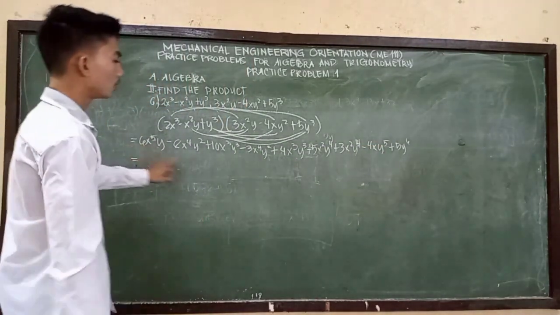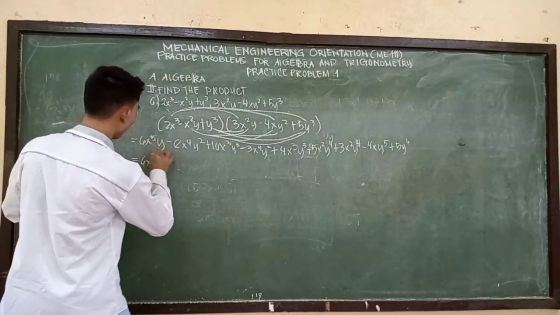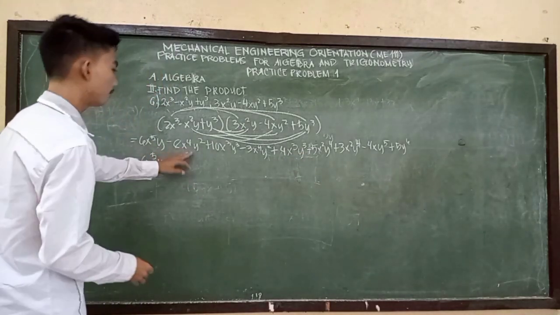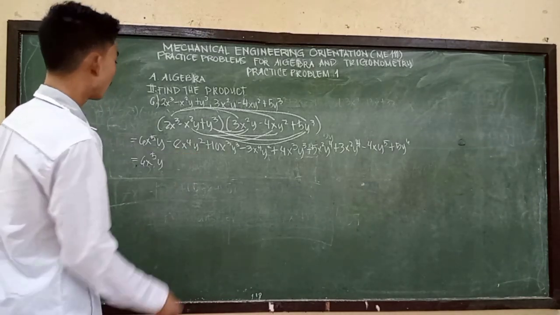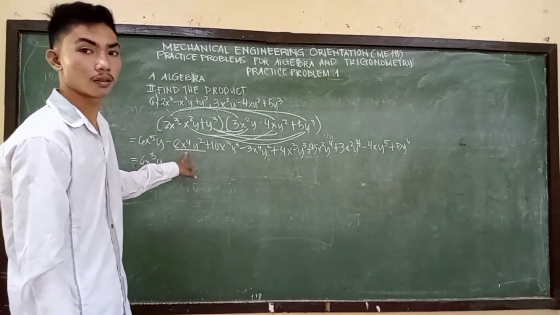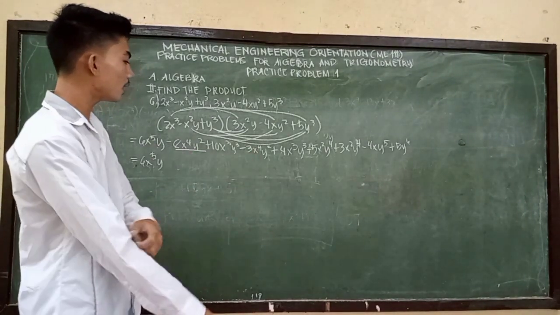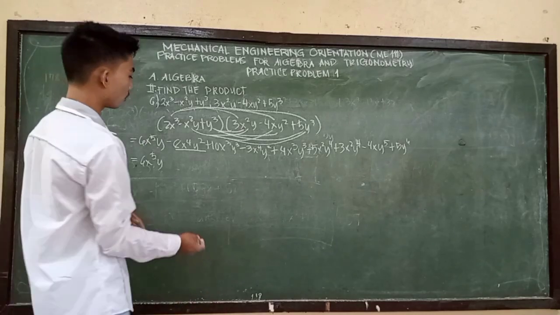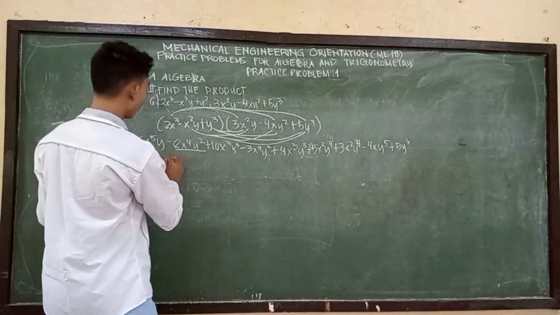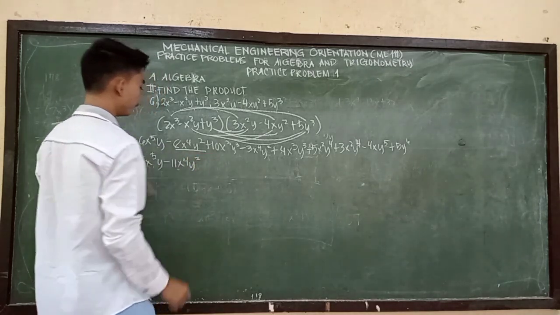So we will just copy 6x to the fifth y, and then negative 8x to the fourth y squared minus 3x to the fourth y squared will give us negative 11x to the fourth y squared.